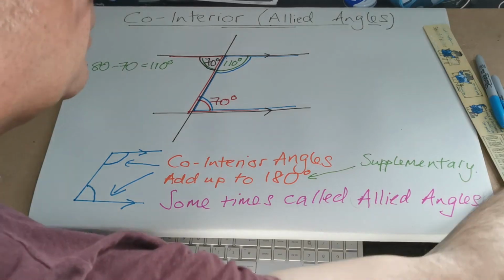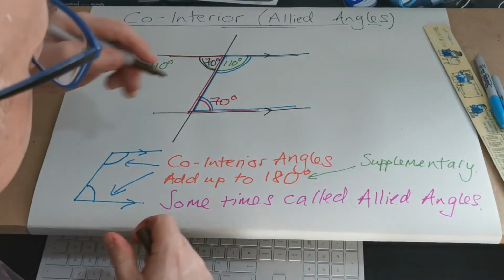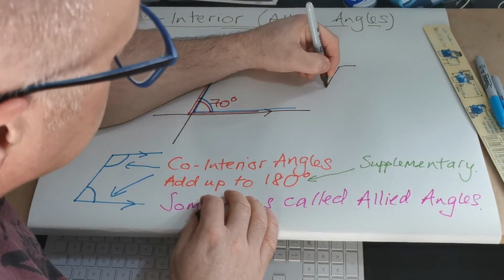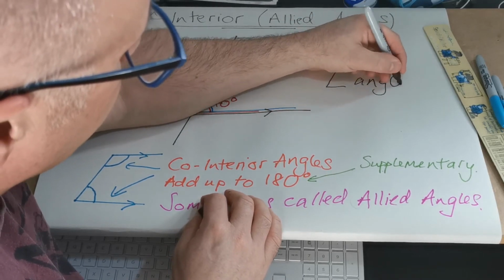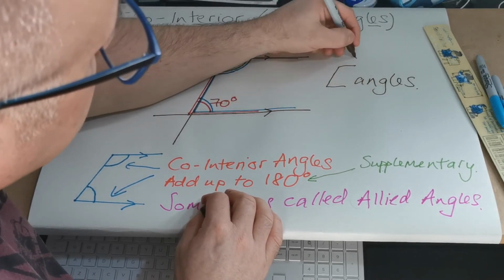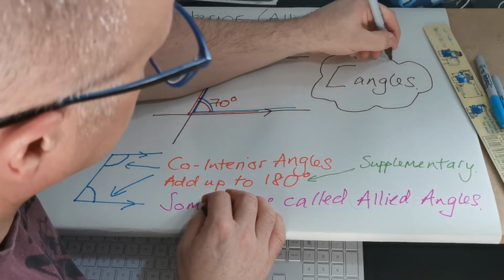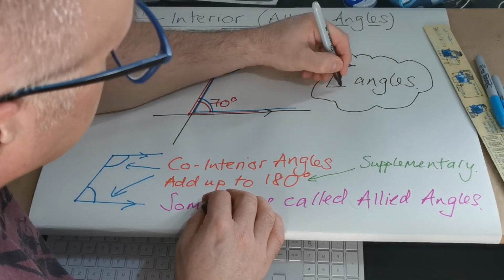And the thing I'm looking out for is the classic C shape. So we often think of them as being a C angle where those two lines are parallel.